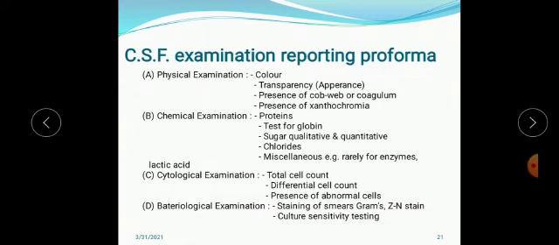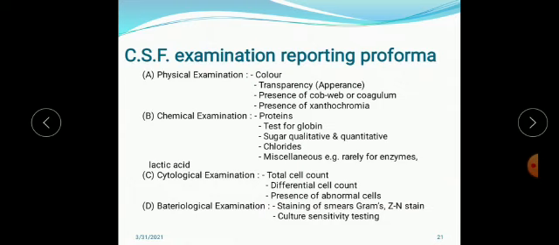The CSF examination reporting proforma is as follows, which includes physical, chemical, cytological and bacteriological examination. Physical examination will include color, transparency, presence of cobweb or coagulum formation whenever there is tuberculosis, and presence of xanthochromia, that is a yellowish coloration of CSF.